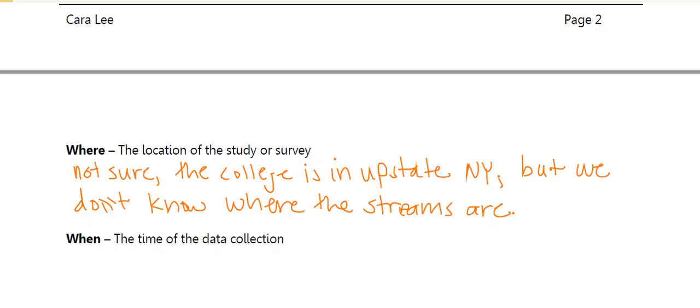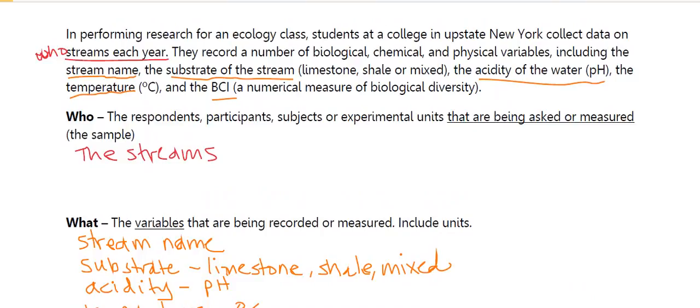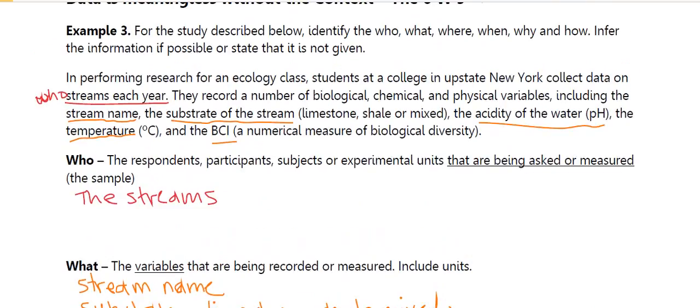Okay, let's go back up. When? The time of the data collection. Do we know anything about the time? Well, it does say they collect data on streams each year. Circle that. Each year.